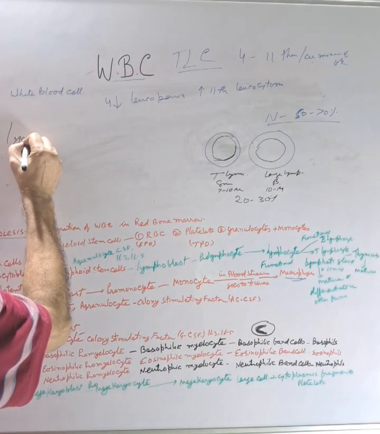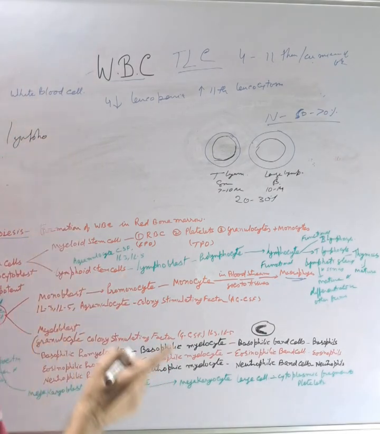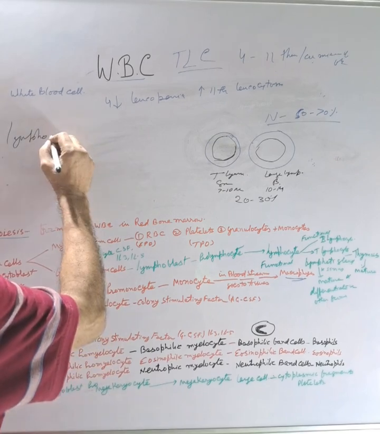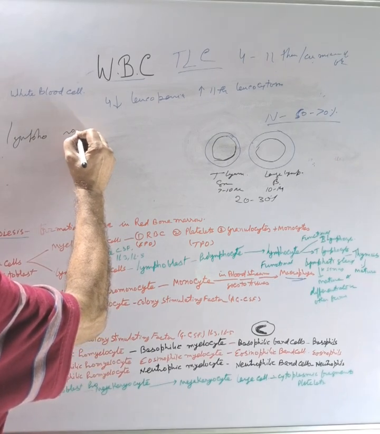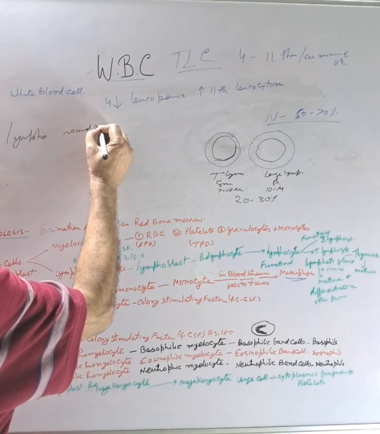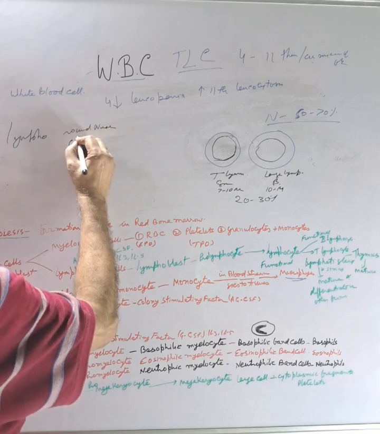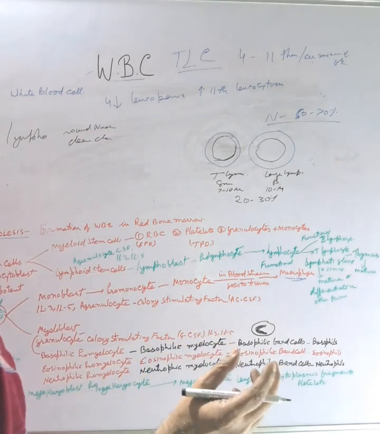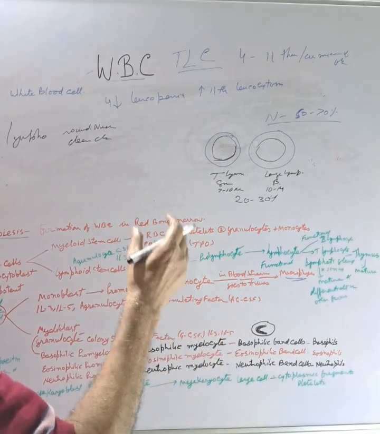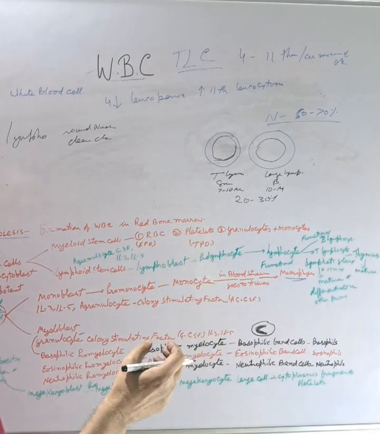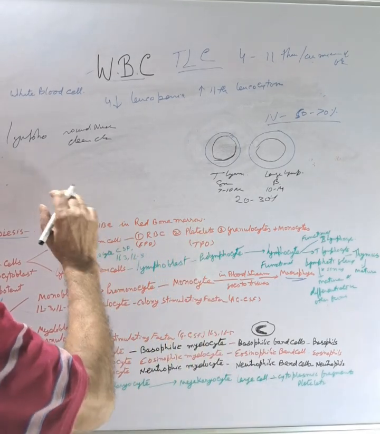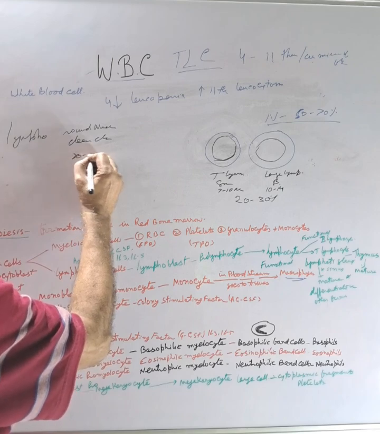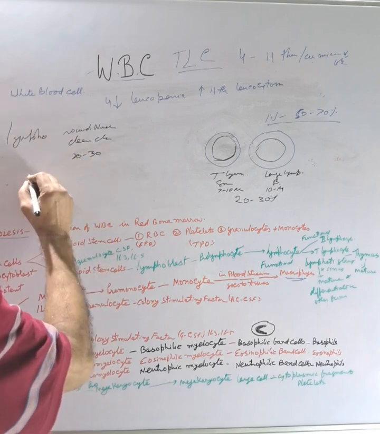What are the characteristics of lymphocyte? You will recognize lymphocyte by round nucleus and clear cytoplasm. A small lymphocyte is 7 to 10 micron, large lymphocyte is 10 to 14 micron, and it is 20 to 30%.